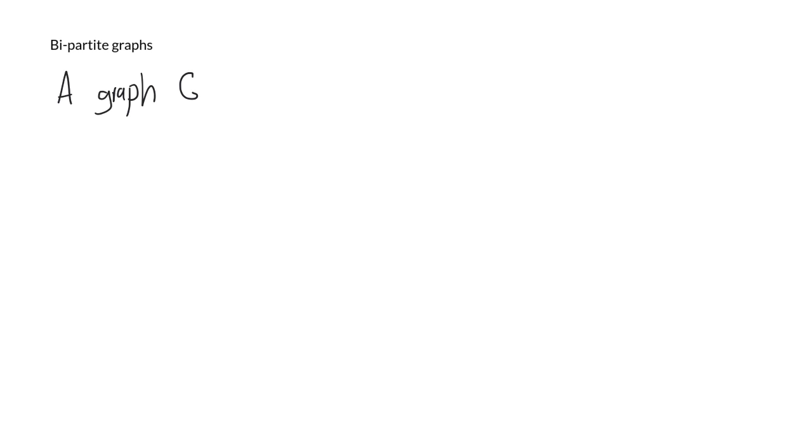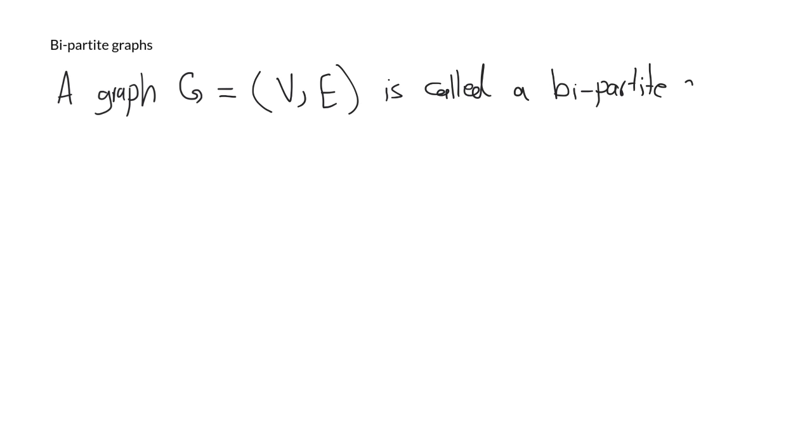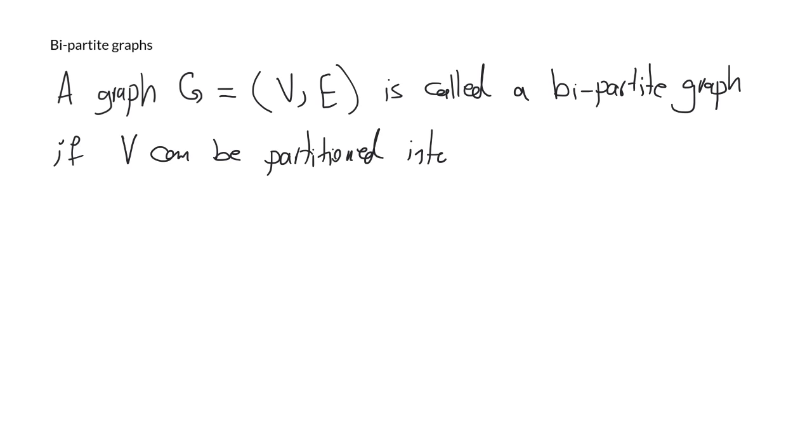A graph G, let's again say G is the ordered pair (V, E), is called a bipartite graph if V, the set of vertices, can be partitioned into two disjoint sets.